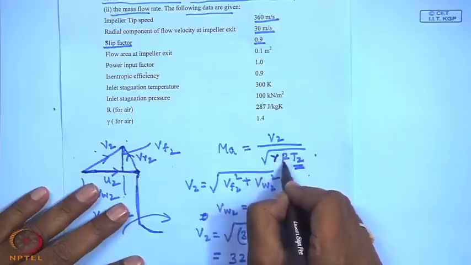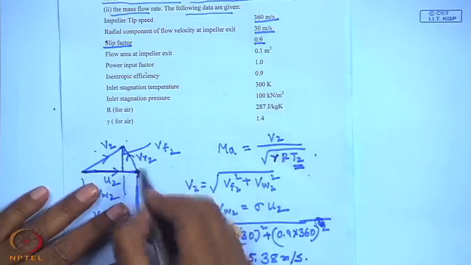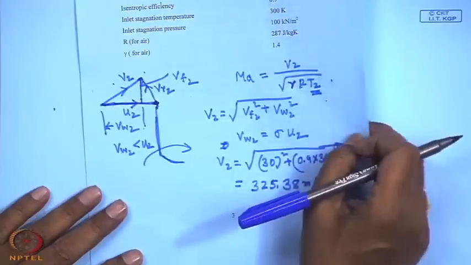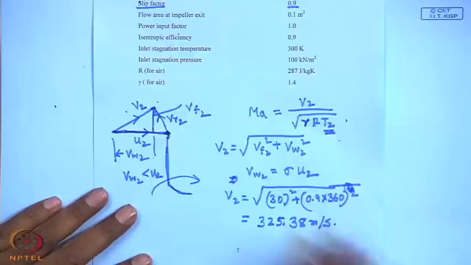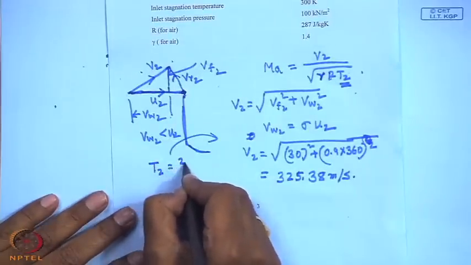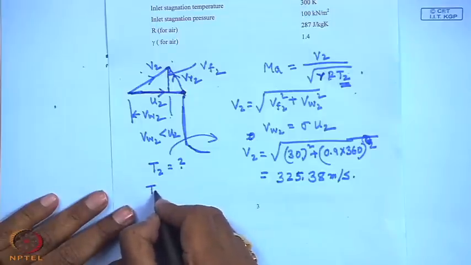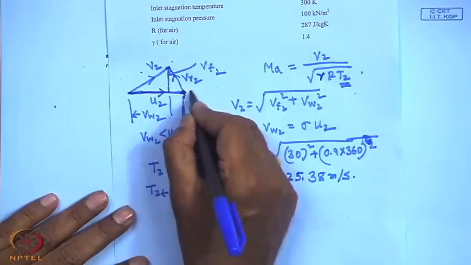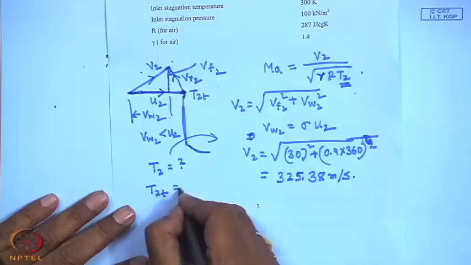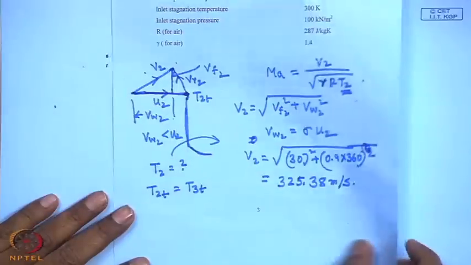Now to find out the Mach number you require the static temperature. Here in the formula it is gamma R T2, where T2 is the static temperature at the outlet of the impeller. Now, how to find out T2? Our main objective is to find T2. Let us first find out the total temperature T2T. We know that T2T is equal to T3T, that means the outlet total temperature from the compressor at the outlet of the diffuser.